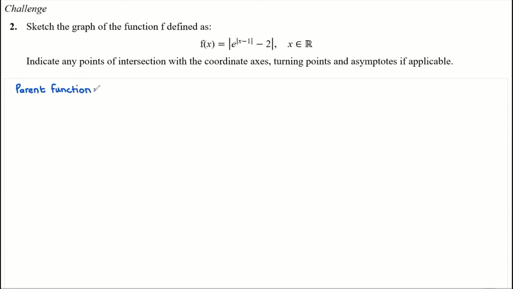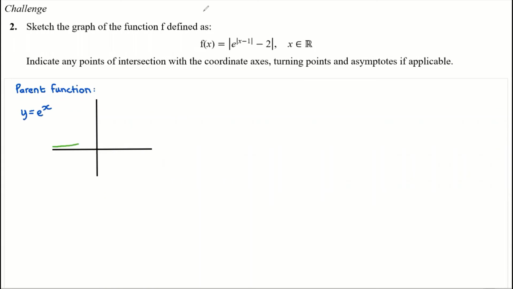So the first option for your parent function would be y is equal to e to the x. If we want to sketch that, I'll do that initially. So we'll do sketches of all this as we work through it. So e to the x looks something like this. It's a standard curve that you need to know.